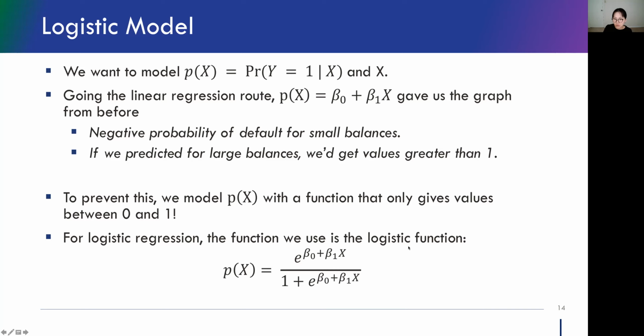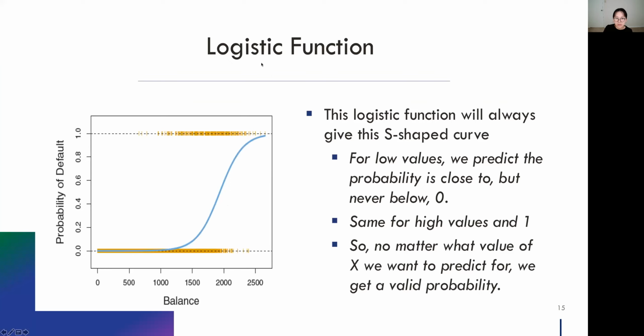The function we use for logistic regression is this logistic function. It's just like this. So this value will always be from 0 to 1. Well, let's come back again to this plot.